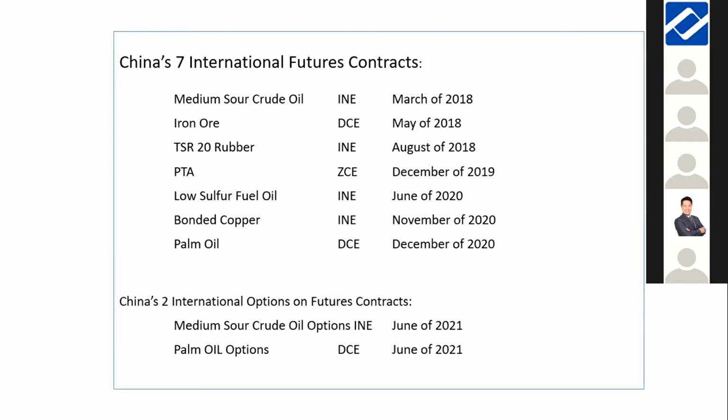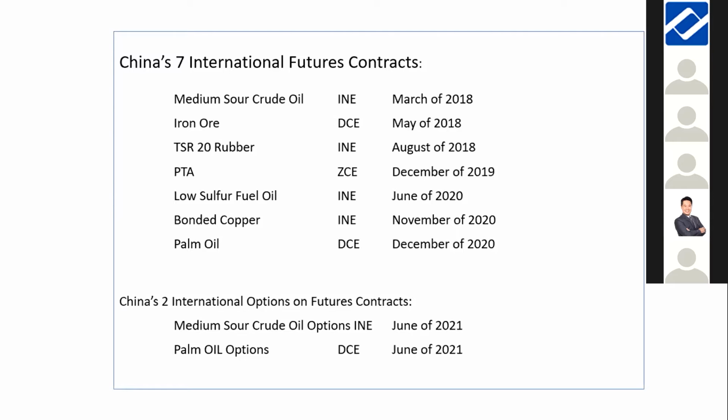Iron ore came soon after. TSR 20 rubber came in August of 2018. Then the PTA by the CE exchange came in December of 2019. Low sulfur fuel oil, June of 2020. Bonded copper came in November of 2020, and palm oil.